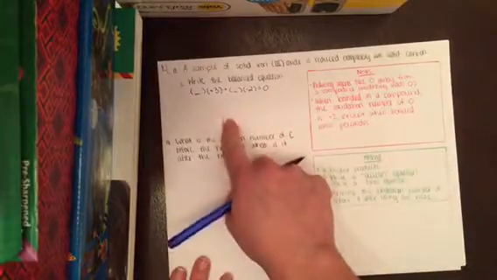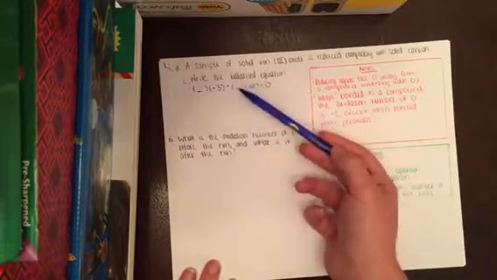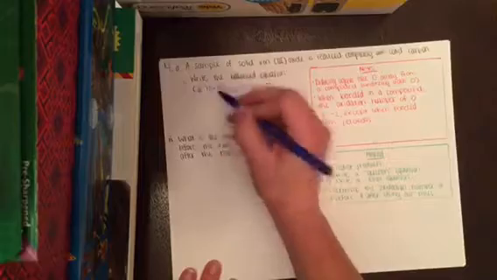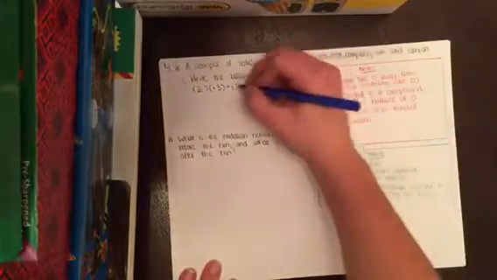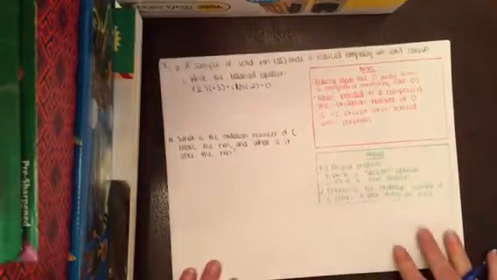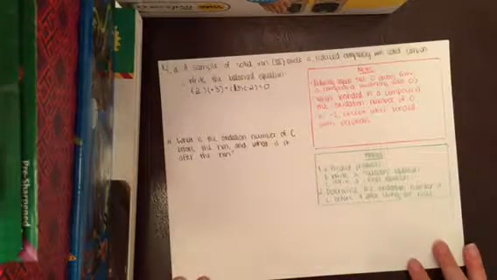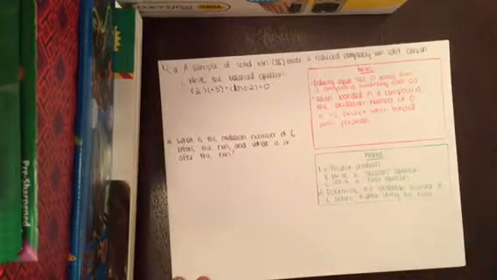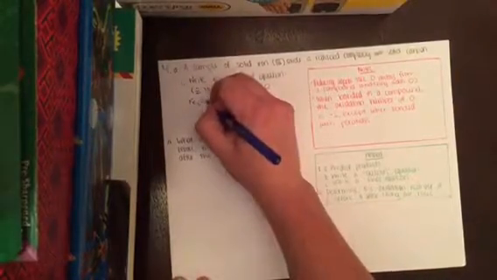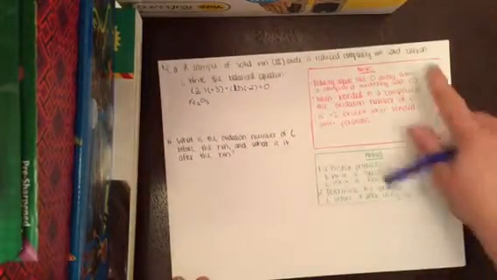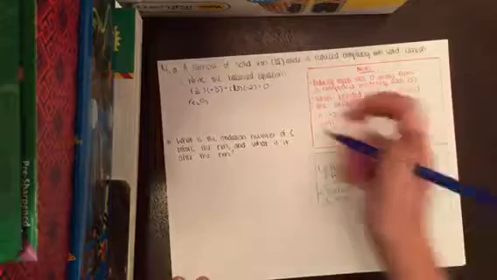And if we do the math, you can see it's pretty easy to see this is going to have to be 2 and this is going to have to be 3, because 2 times 3 is 6, and then negative 2 times 3 is negative 6, and 6 minus 6 is equal to 0. So that means that we know that our initial compound is Fe2O3, and then we also know, because it gave us this, that our other reactant is carbon.